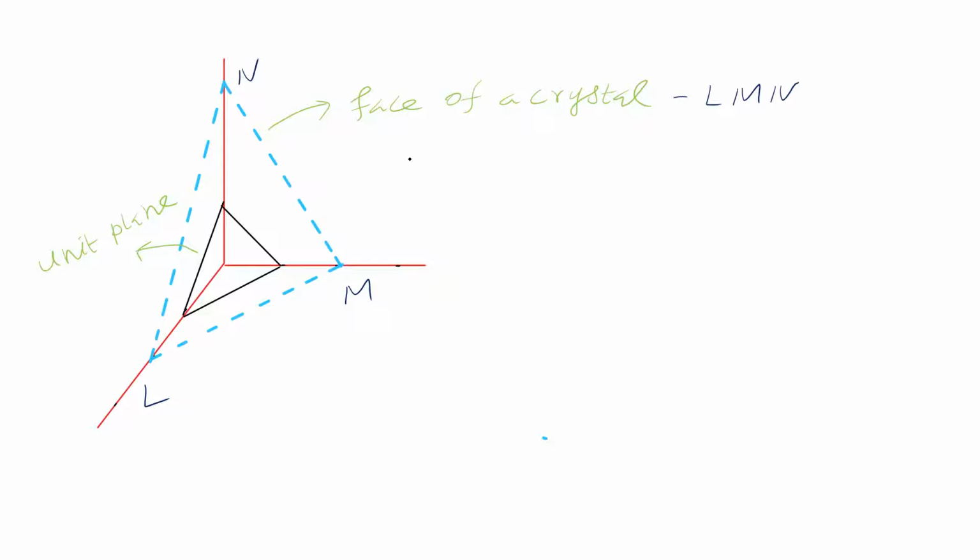For this face of a crystal, we will see the intercepts. Take the origin O and the x-axis. On the OX axis, the intercept is 2a, because for the unit plane we said a. For OL the intercept is 2a.